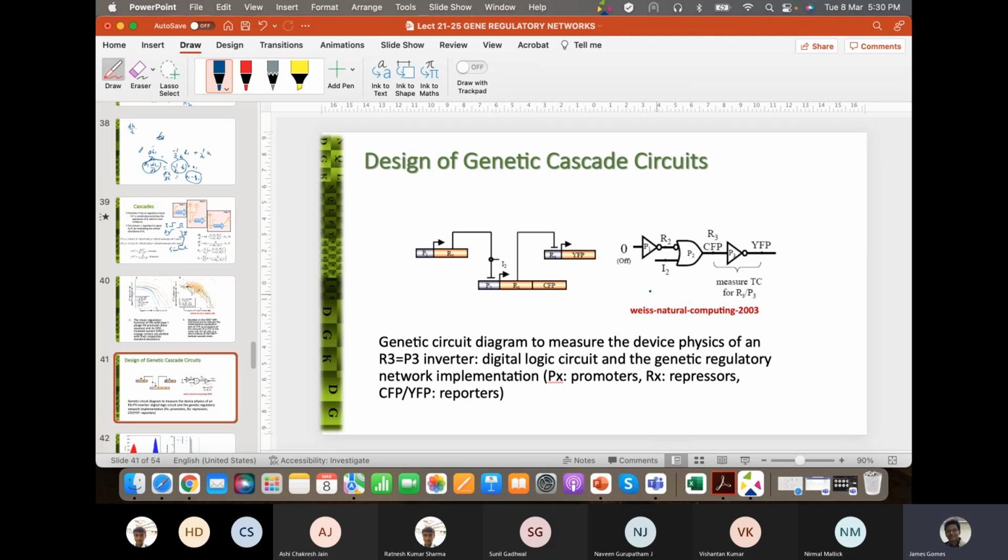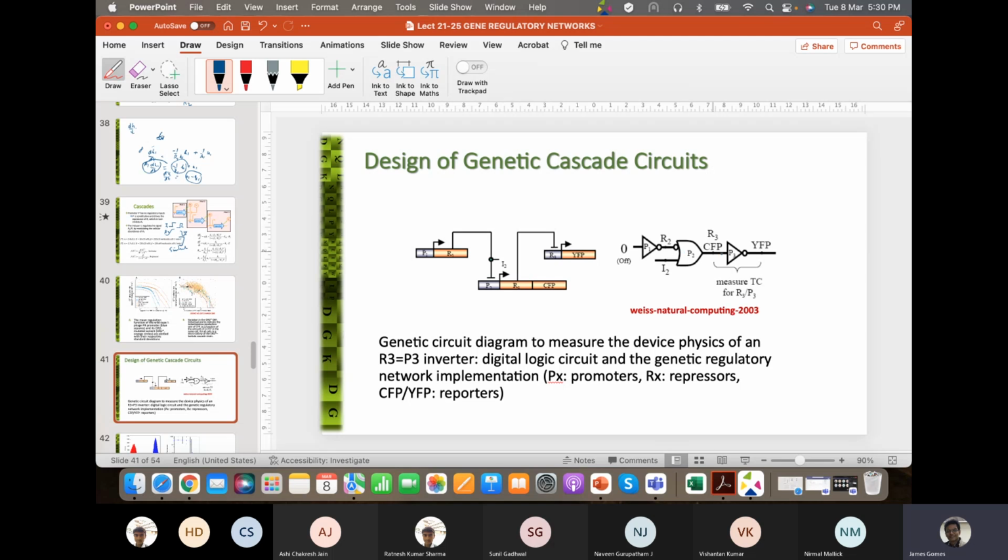Now there is a certain kind of logic gate that works here. This Wise has published a paper in Natural Computing, and you can see that if you have an off circuit here, which means that you bring it here, and you look at the I2, that's the on. So on and off will give you an off, but that depends on whether it's an AND logic or an OR gate.